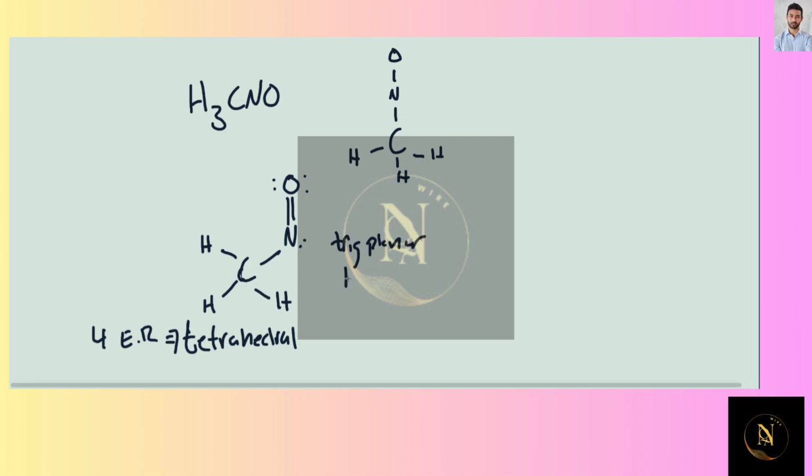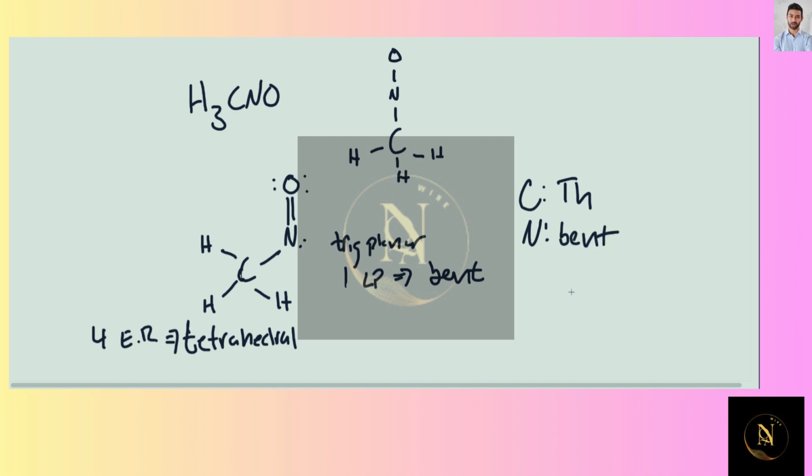And trigonal planar with 1 lone pair, in terms of molecular geometry, is going to give us a bent structure. In the same way that tetrahedral with 2 lone pairs gets us bent, trigonal planar with 1 lone pair gets us bent. So carbon is tetrahedral and nitrogen is bent.